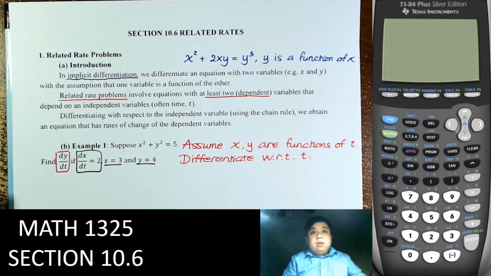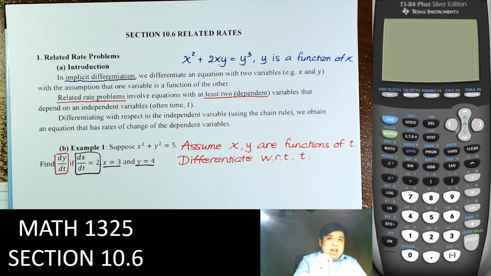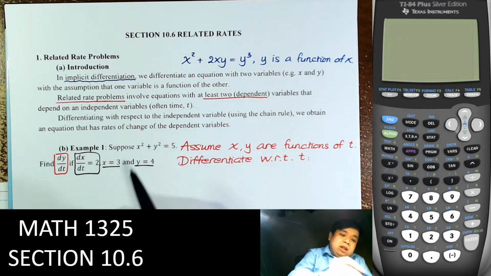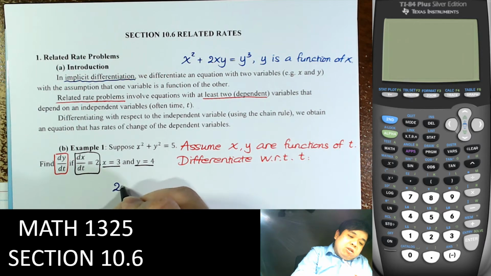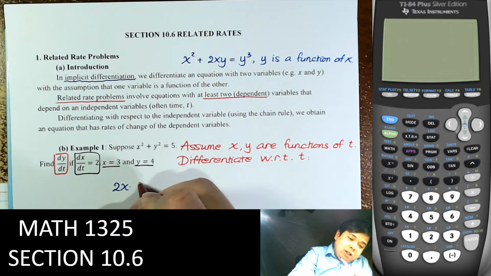Well, just like last time, if we take the derivative of y with respect to x, whenever there's a y we have to attach the dy over dx, or y prime. Similarly, the derivative of x squared is 2x, but now since x is a function of t, we need to attach the dx over dt.